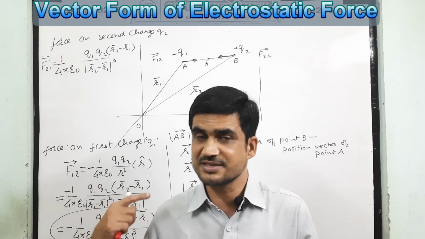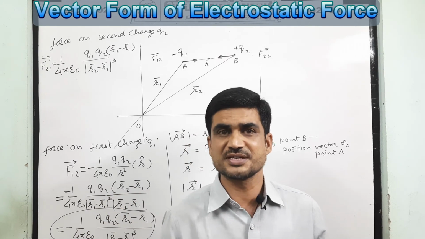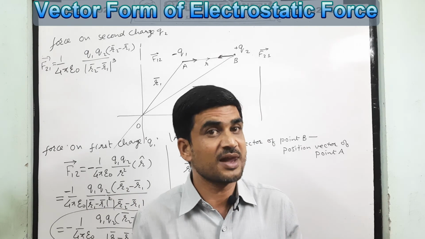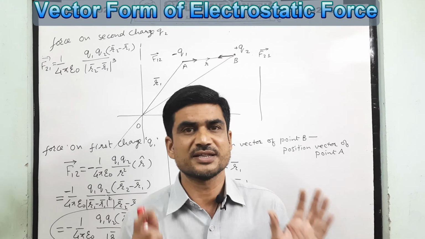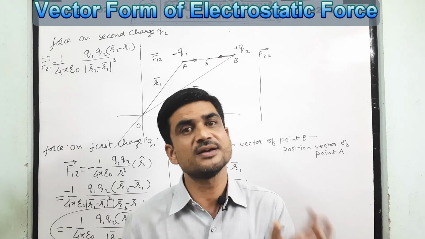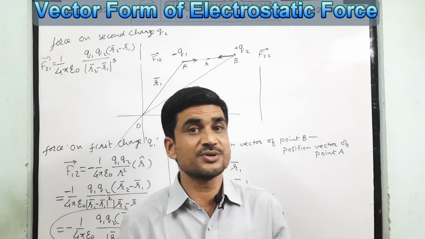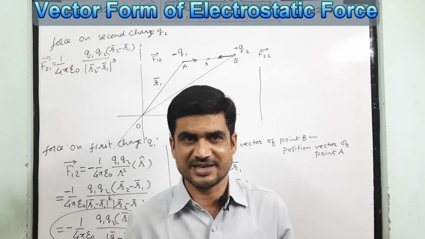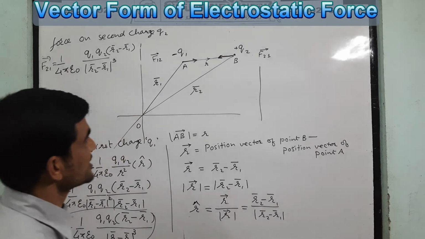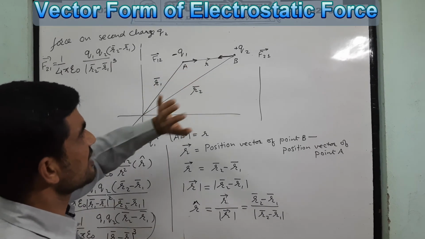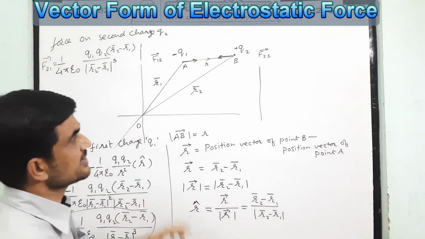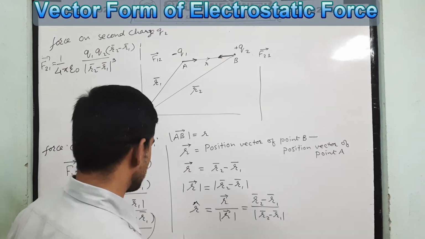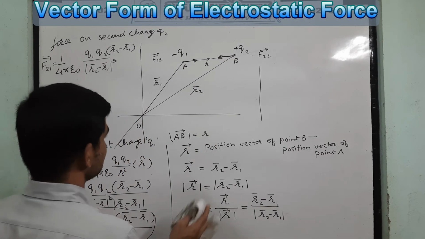But in this case, the directions of forces are opposite, so you can't say these two forces are equal. So it is better to say these two forces are equal in magnitude and opposite in direction. So the electrostatic forces acting on two charged particles are equal in magnitude, opposite in direction. Always remember.